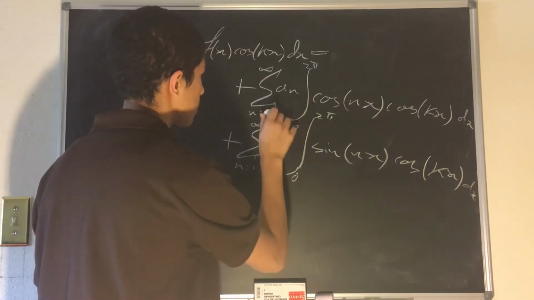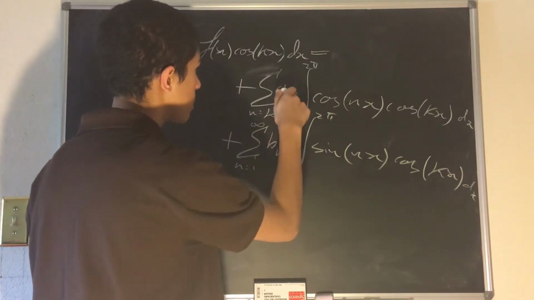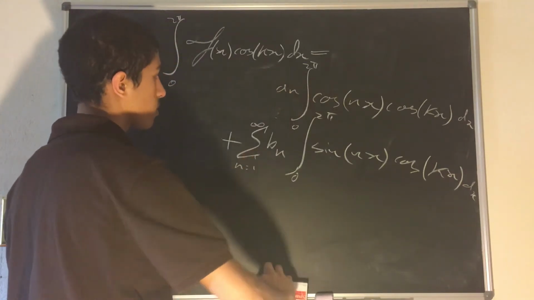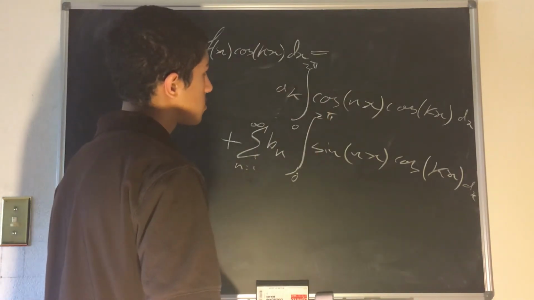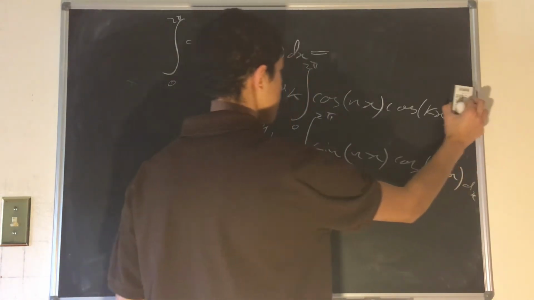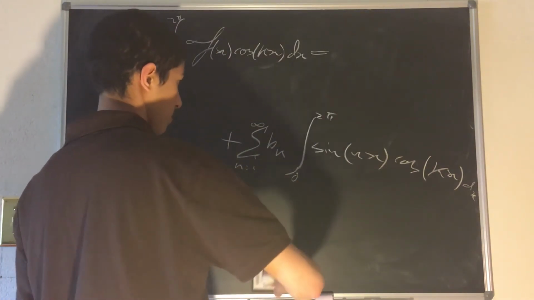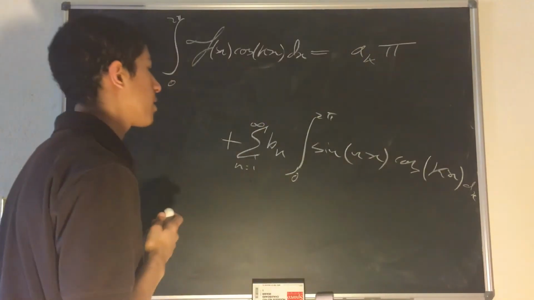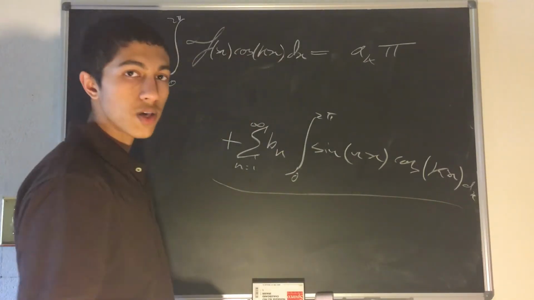So let's just assume that n is equal to k, then we have a sub k instead of a sub n. So that's a sub k, and that's integral from 0 to 2 pi of cosine nx cosine kx dx, and we discussed this, it evaluates to pi. So then we have pi times a sub k, a_k pi.